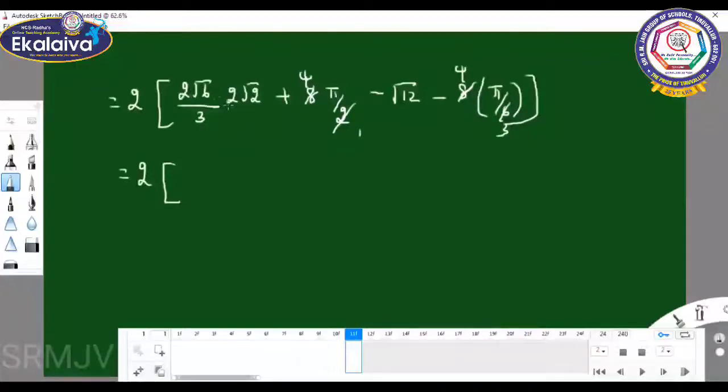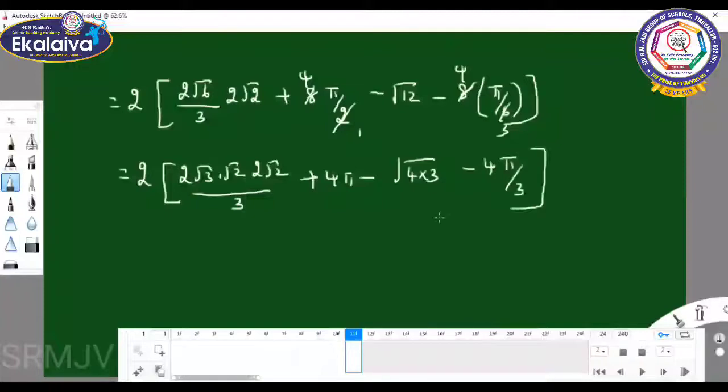That root 6 you can write as root 3 into root 2, into 2 root 2 by 3, plus 4 pi, minus, 4 threes are 12, minus 4 pi by 3.